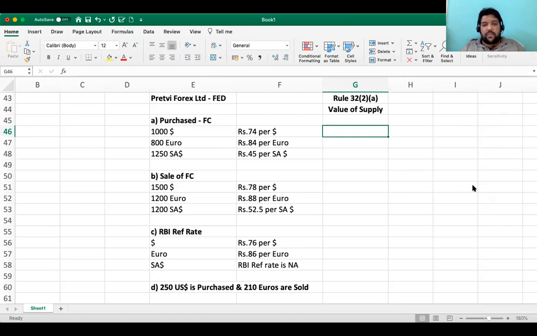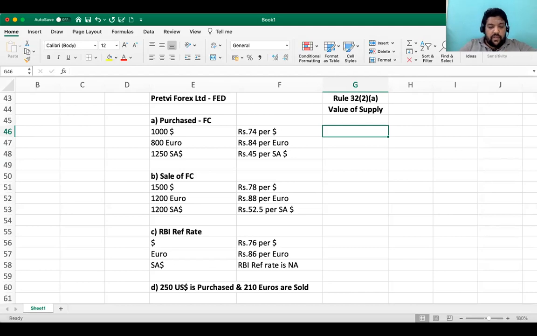What is the value of supply for purchase of foreign currency? In case of the first one, dollars, what is going to be your value of supply?